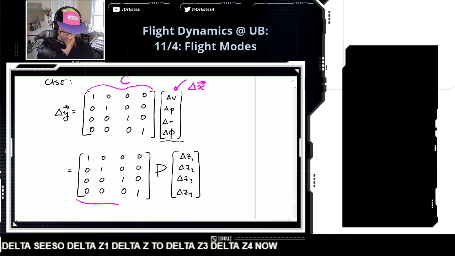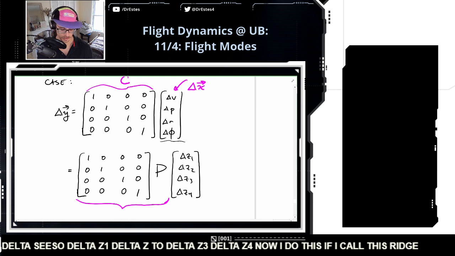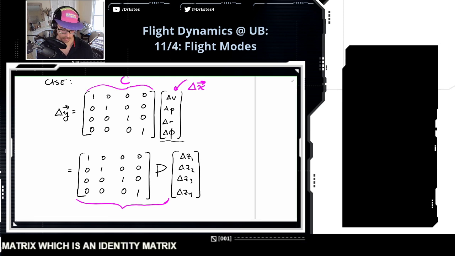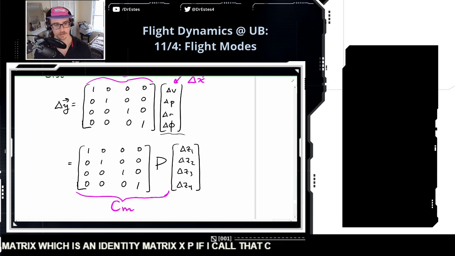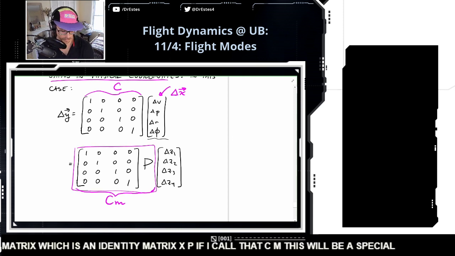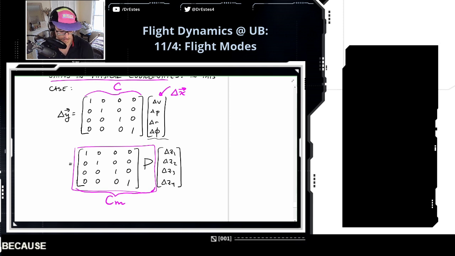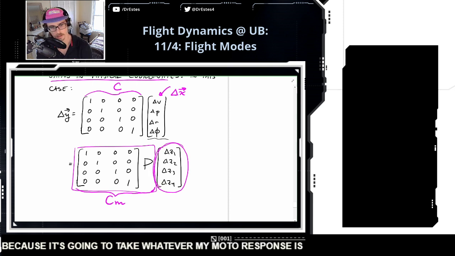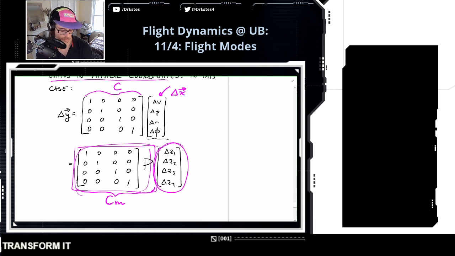Now, if I call this original C matrix, which is an identity matrix, times P, if I call that CM, this will be a special C matrix because it's going to take whatever my modal response is, but if I multiply it by this, it's going to transform it back into the physical coordinates up above.